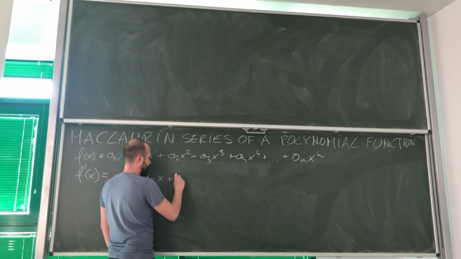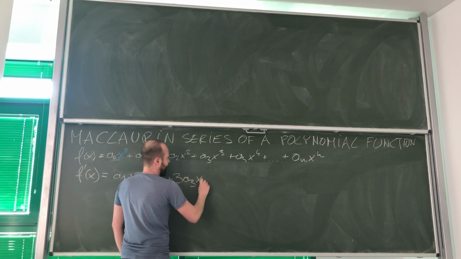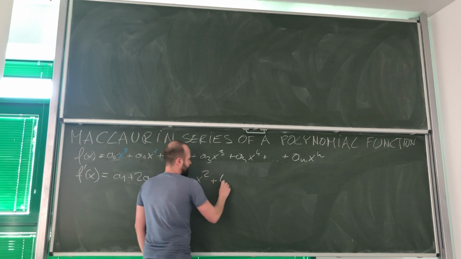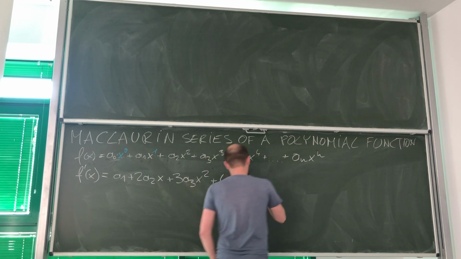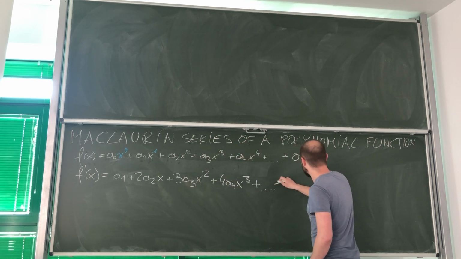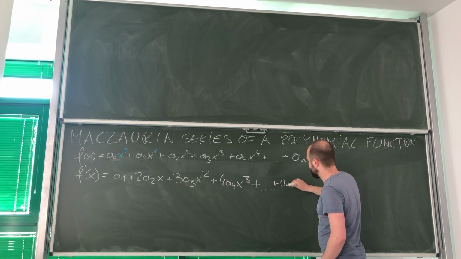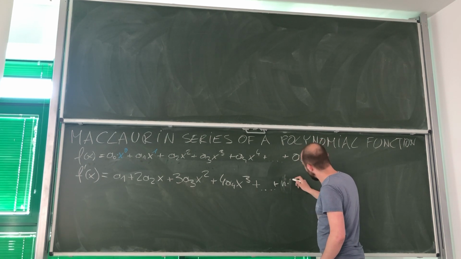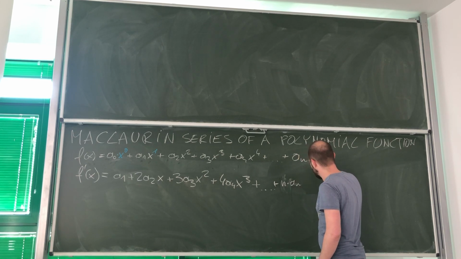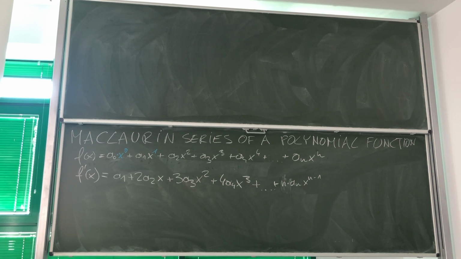Then we will have plus 3a3x squared plus 4a4x to the power of 3. And the last expression over here will be n, or any n, times an times x to the power of n minus 1.